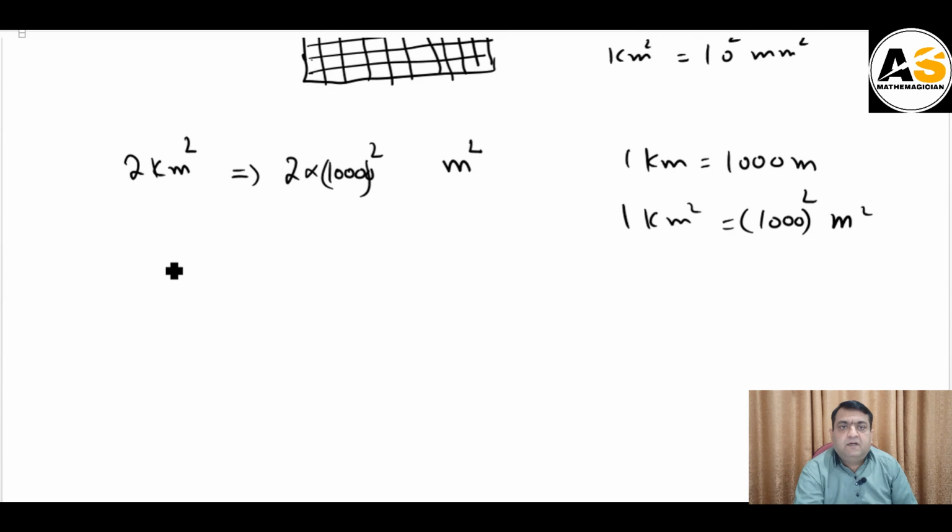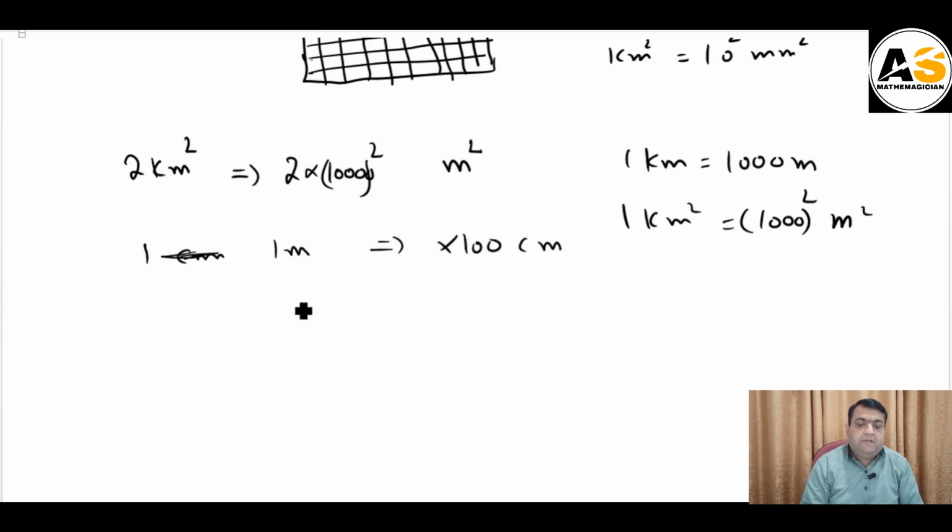In order to convert 1 kilometer into meter, we multiply with 1000. In order to convert 1 kilometer square into meter square, we will multiply it with 1000 square. In order to convert 1 meter into centimeter, we multiply with 100. And in order to convert 1 meter square into centimeter square, we will multiply it with 100 square.